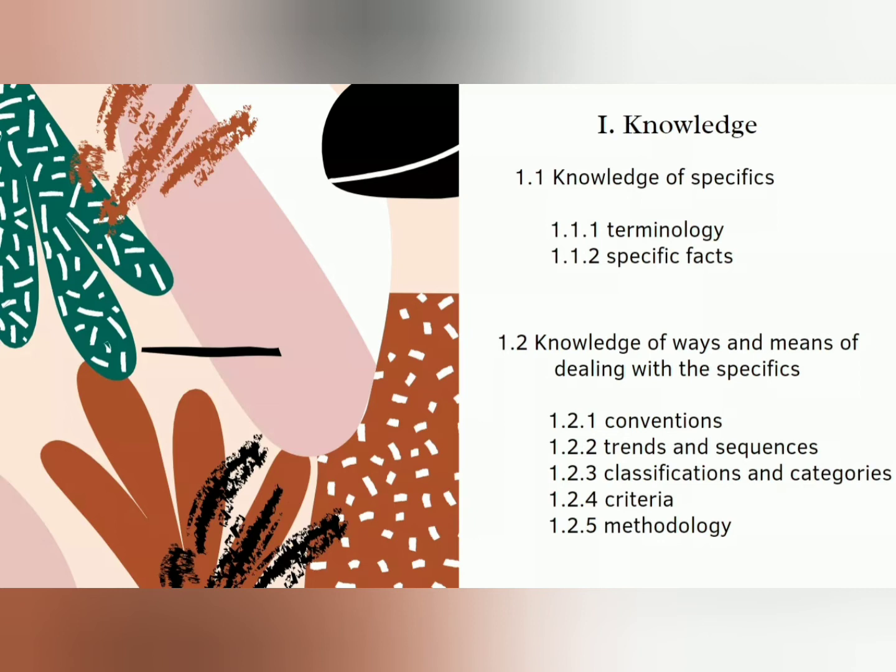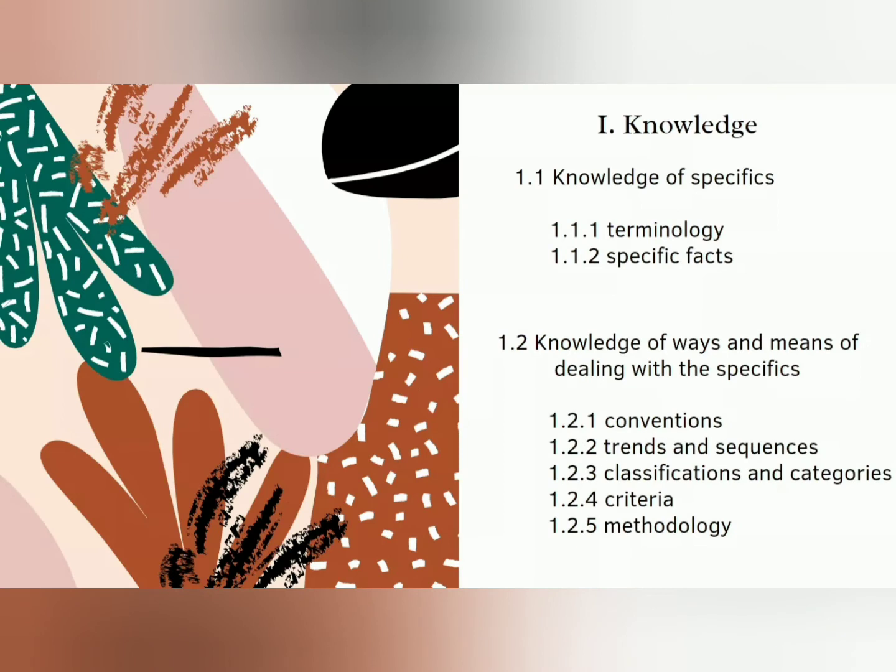These are the example verbs in the cognitive domain levels. Proceed to 1.2, knowledge of ways and means of dealing with specifics, which involves conventions, trends and sequences, classifications and categories, criteria, and methodology.